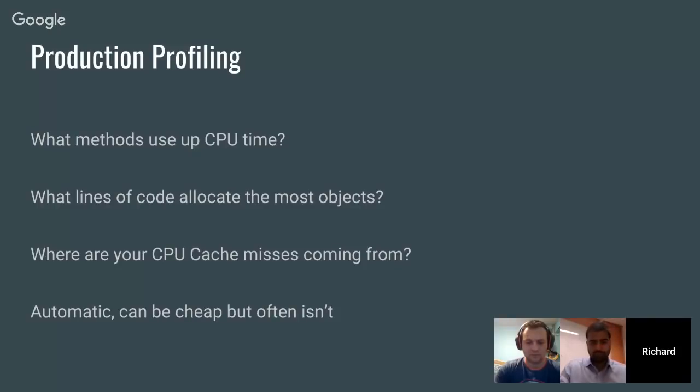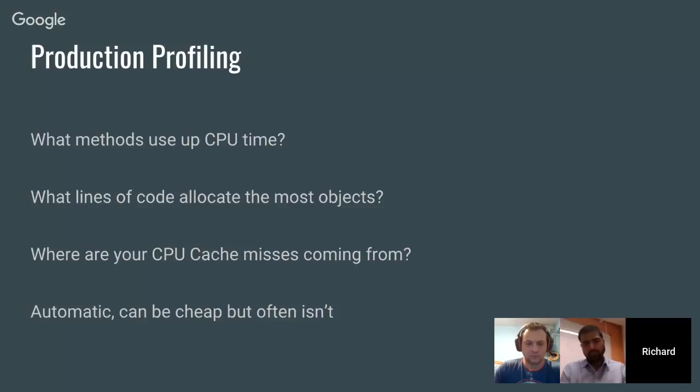Well, production profiling is perhaps a different way that we can think of for getting information about your performance out of your production system, measuring your production system. So by profiling, we basically mean tell me what is using a certain resource, what within the application is using up some certain resource.